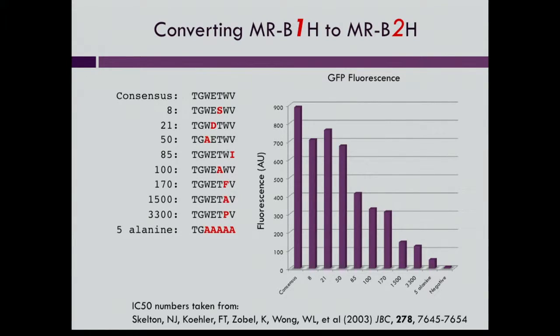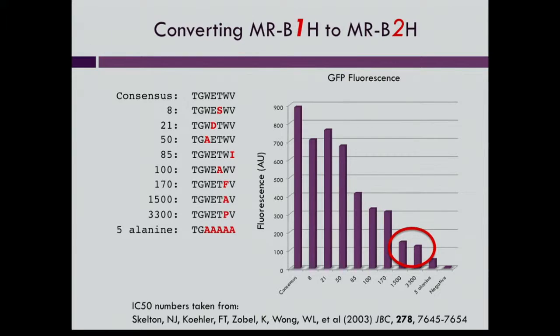And you can see we're getting a nice relationship between our GFP expression and the known decreases in affinity of the urban ligand interaction. Again, we're excited that we're capturing these interactions down here that are a significant decrease in affinity relative to the consensus target, and we're still getting this signal above a negative control right here.